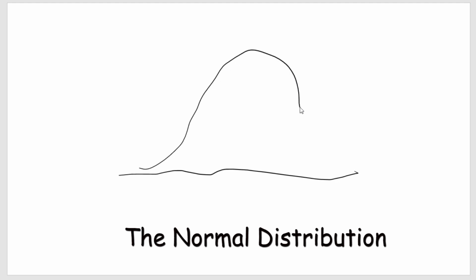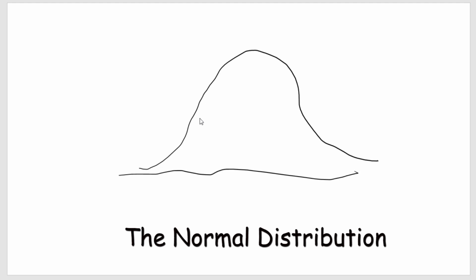All right, so we usually see the normal distribution shown in statistics class. What we see when we have a normal distribution is that it looks like this. There's a line, and then we have a curve. Let's try to make it as normal as we can.